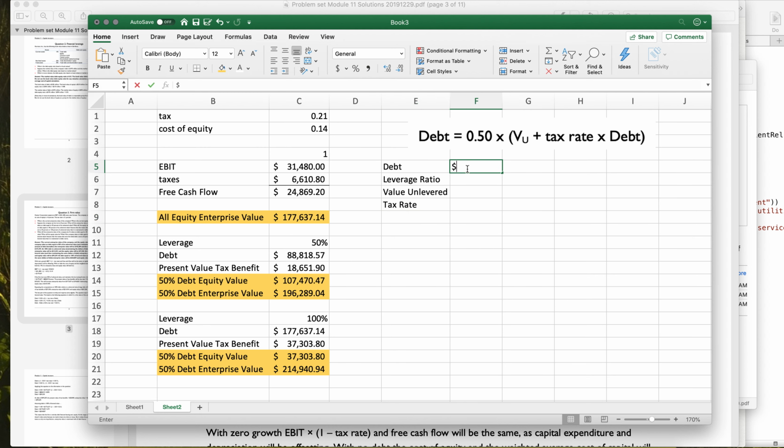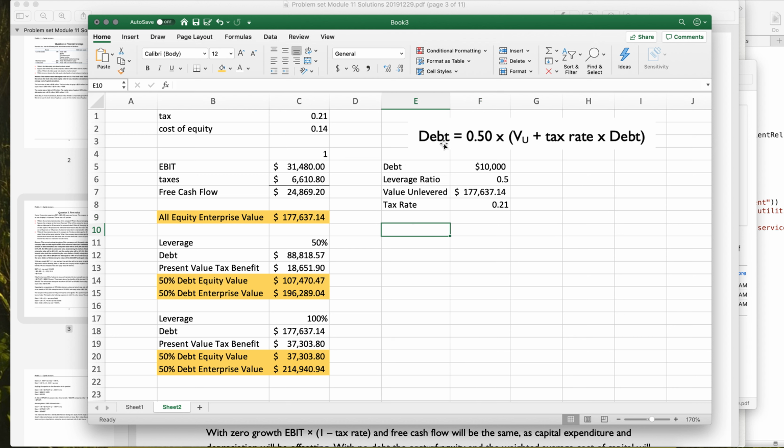Okay, I'm going to make up a number here. I just put $10,000. The leverage ratio is 0.5, which is in the question. The unlevered value is 177. The tax rate is 0.21. You could reference those. I just think it's easier to put it here and then calculate it.